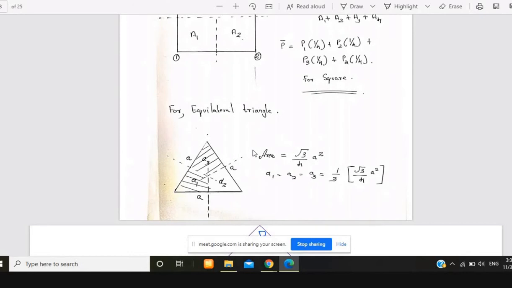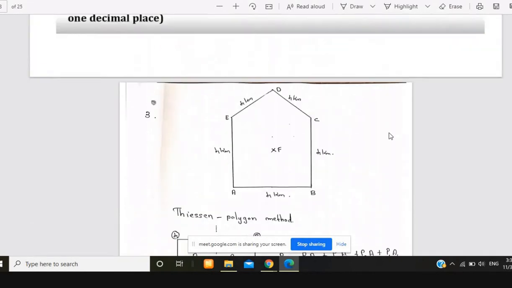The equation for the area of an equilateral triangle is √3/4 A square, if the side is given as A. So for each area, the weightage will be 1/3, and the value will be 1/3 into √3/4 A square. This is just general information, so that when you are doing calculations, it will be easy to find the values. Okay, so this is our figure.